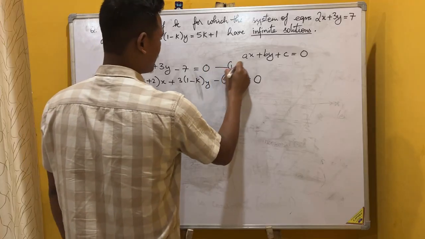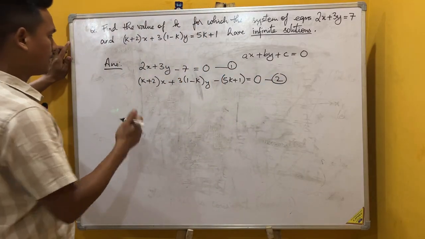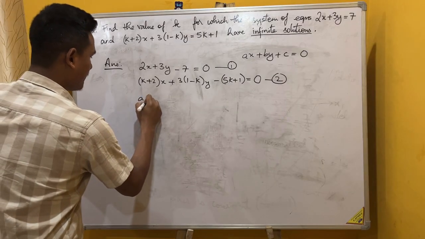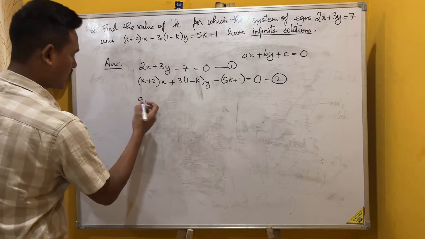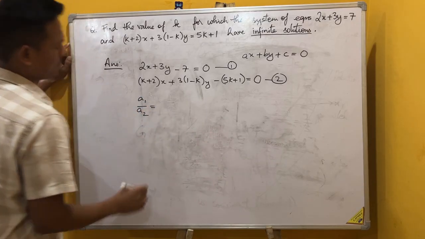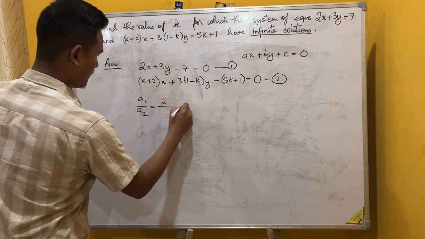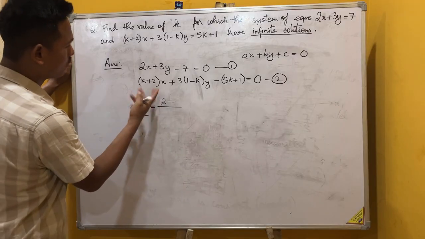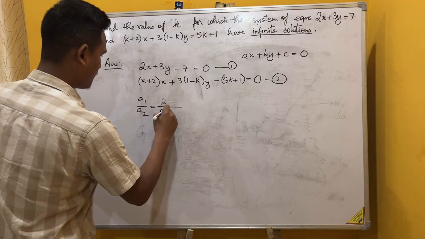Let's say this is equation 1, this is equation 2. From 1 and 2, let's find a1 upon a2. So a1 is 2, a2 is the coefficient of x, that is k plus 2.